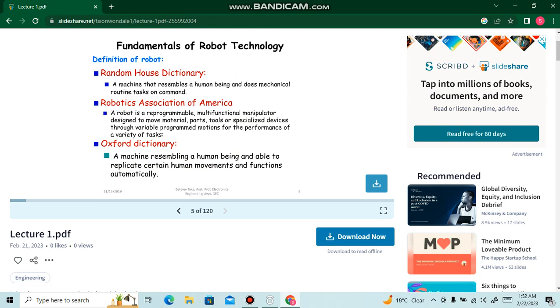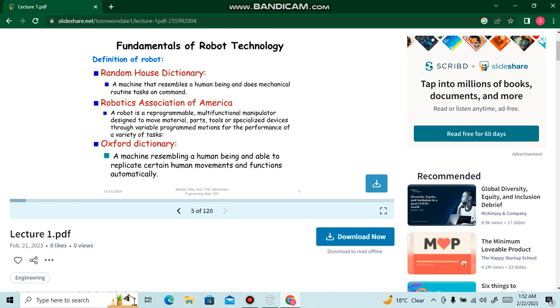Fundamentals of robot technology. Defining a robot. Random House Dictionary: a machine that resembles a human being and does mechanical routine tasks on command.